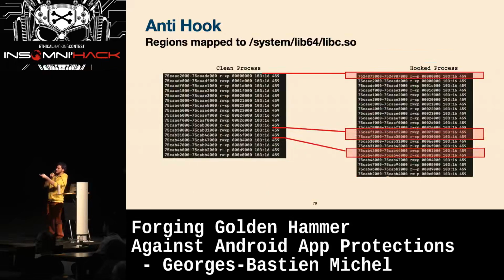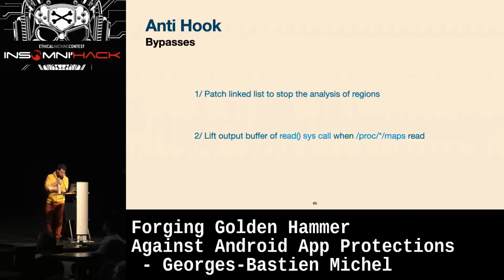Okay, on the right, you have libc, the mapping for libc inside a clean process, and on the left, the local process. So at this step, we have two ways to bypass the anti-hook. The first is specific to how the hook works, as I explained.